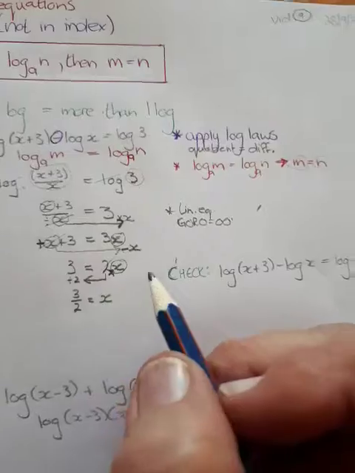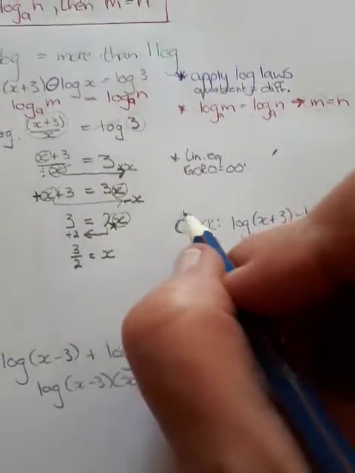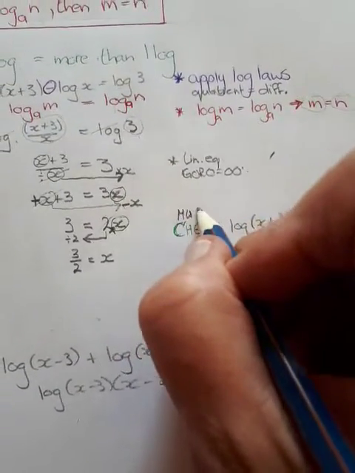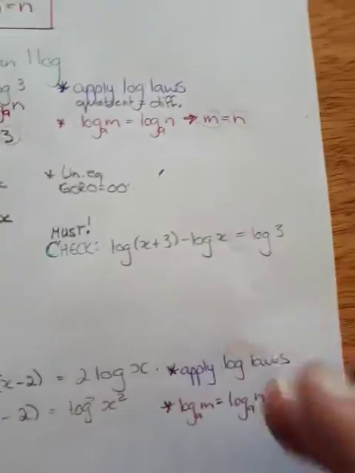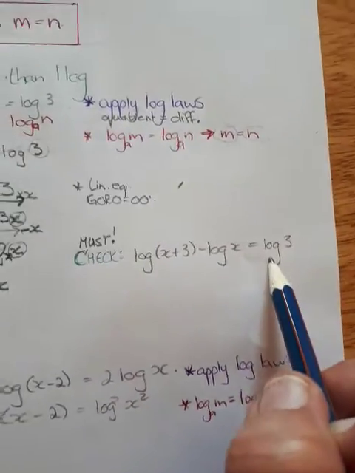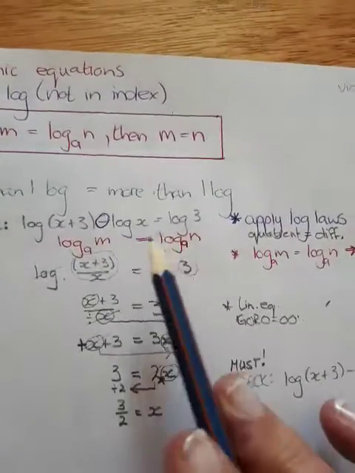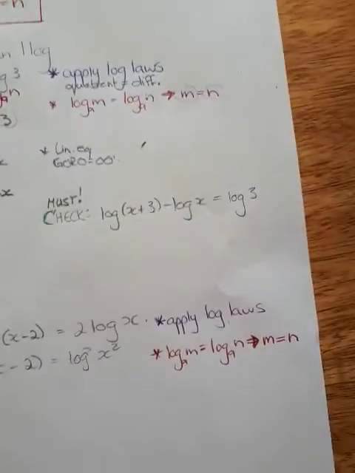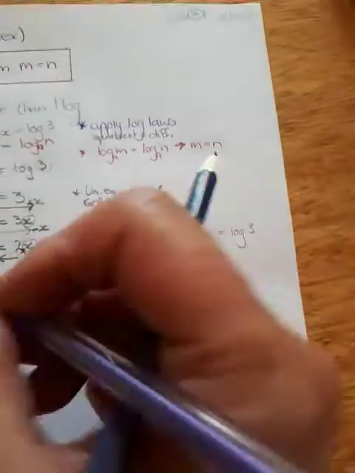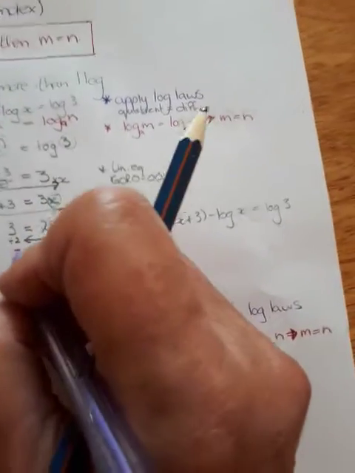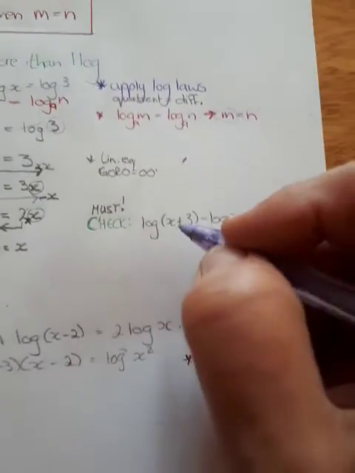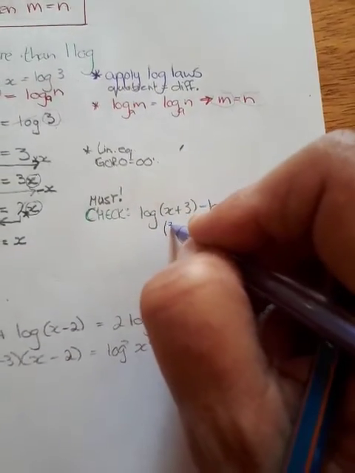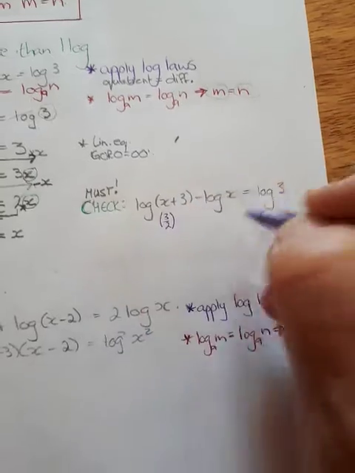Now once again, because it is a logarithmic equation, you must do the check. So this is my original equation, the one that I started off with. What I will be doing, I will take my answer of 3 halves, and I will substitute that in the place of all x's.